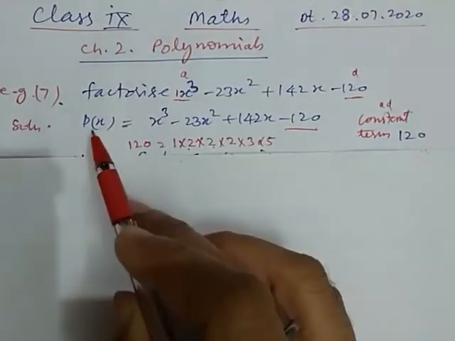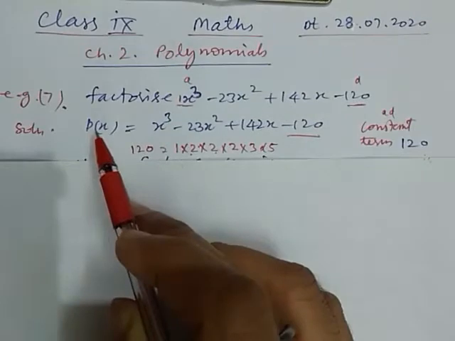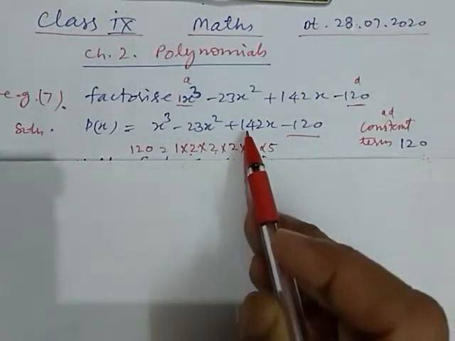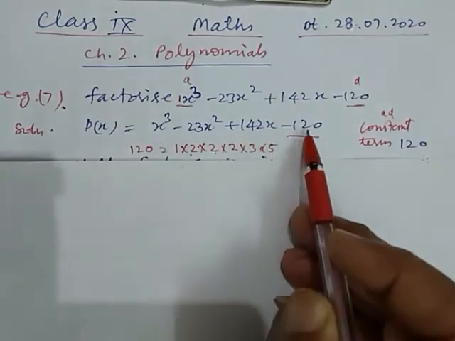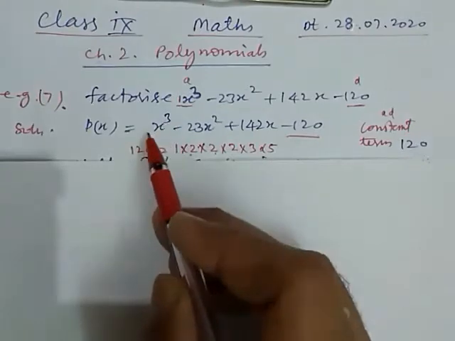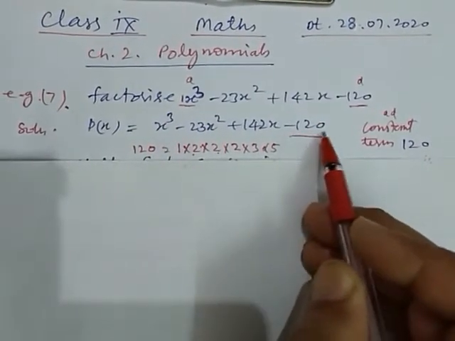Because this is our polynomial, p(x) equal to x cube minus 23x square plus 142x minus 120, and the coefficient of x cube is 1, so the product of constants is 120.